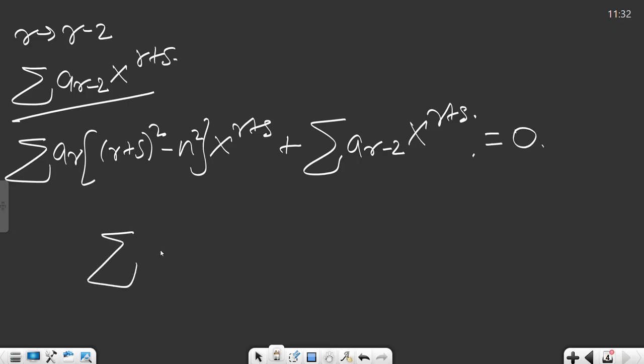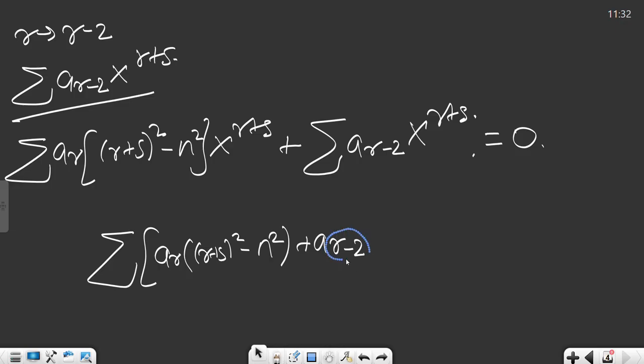So the summation of, let me put a parenthesis here, a sub r times r plus s whole squared minus n squared, plus a sub r minus 2, and whole times x to the r plus s equals 0.